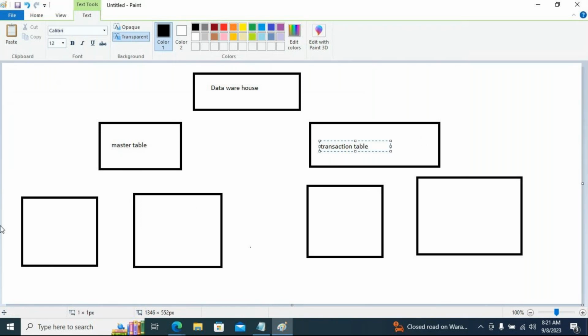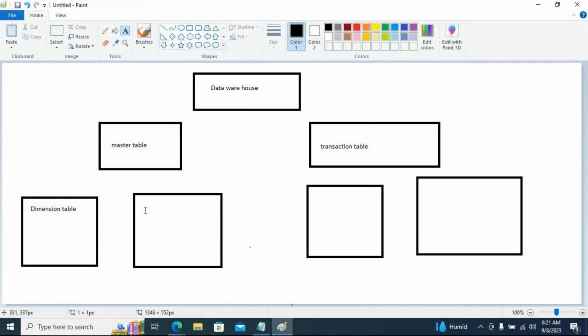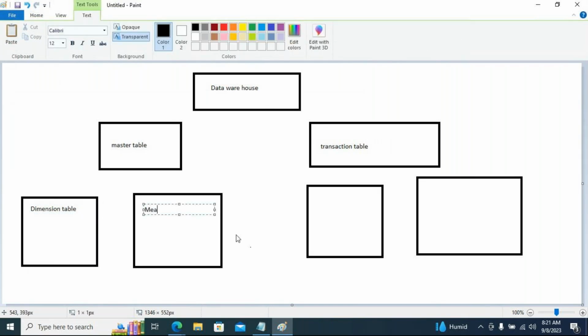Then at the next level, the data is again split into two types. One is a dimension table, another one is a measure table. This we can also call a fact table.